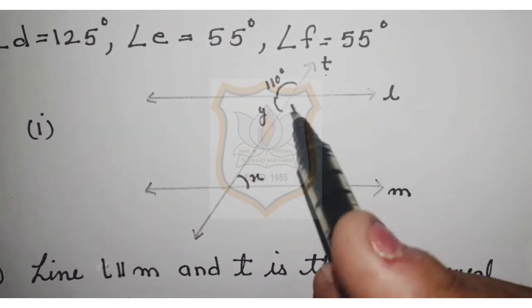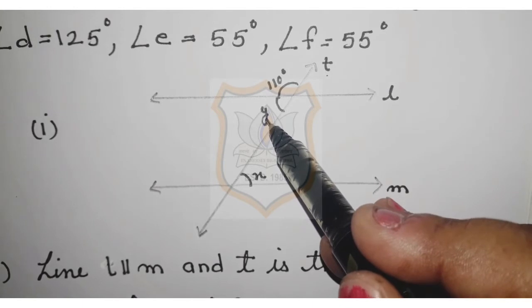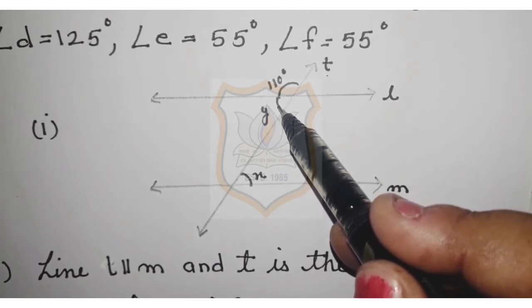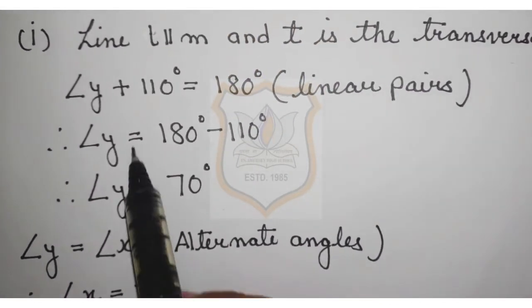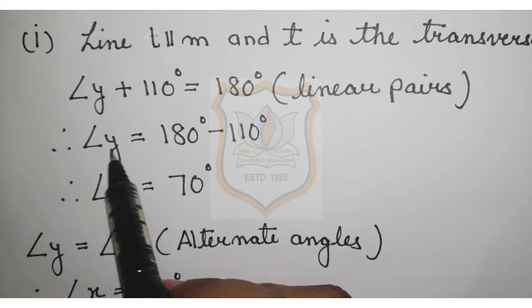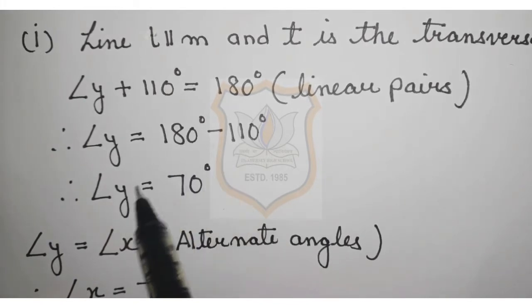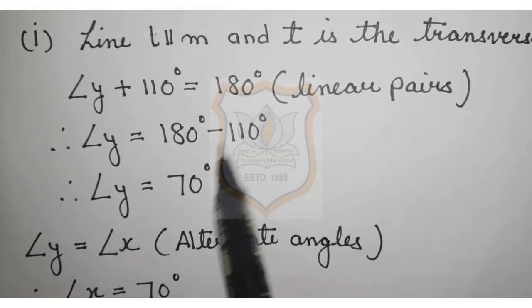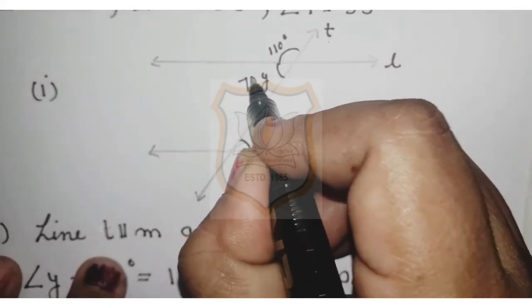Just now I told you that this 110 degrees and angle y both form a linear pair, so their measure is 180 degrees. Therefore angle y is equal to 180 degrees minus 110 degrees, which comes to angle y is equal to 70 degrees.